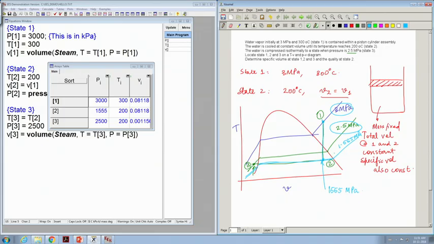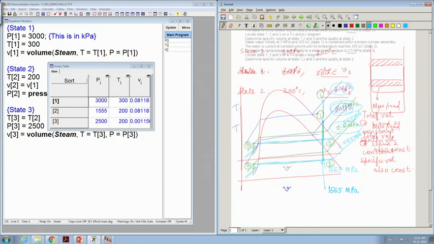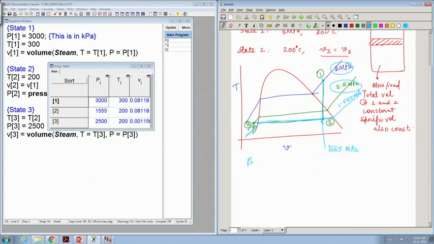and the point 1 goes first to this lower pressure, upon which when you cool it, when you are compressing it, see you are compressing the fluid from state point 2 to 3. Process 2 to 3 is isothermal compression, and P2 we have just found out is 1.555 megapascal. So, when you compress something, it is only natural that the pressure will increase. So, you obtain P3 which is larger than P2.